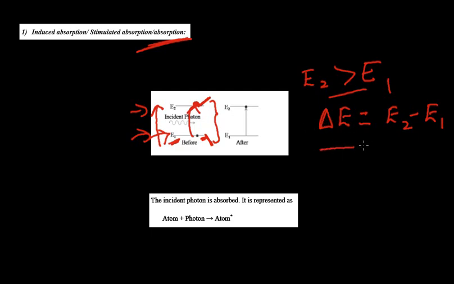So this much amount of energy, delta E is equal to E2 minus E1, this atom will absorb and it will reach here at the excited state.